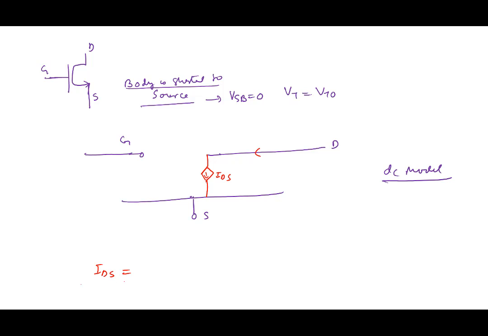We have given you expressions for IDS, which is a function of VGS. So it's a voltage dependent current source.